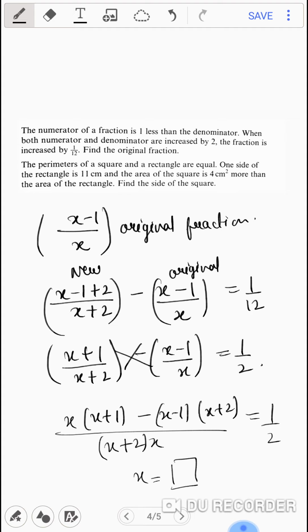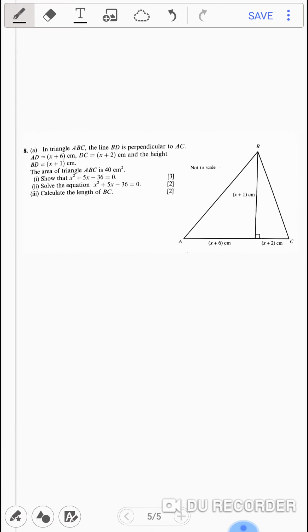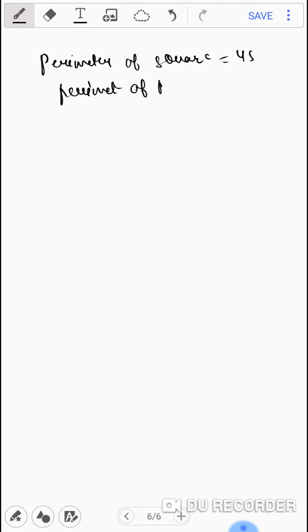Your next is, the perimeters of a square and a rectangle are equal. I'll use another page. Perimeter of square, that is 4s, and perimeter of rectangle, that is 2 into l plus b, are equal.